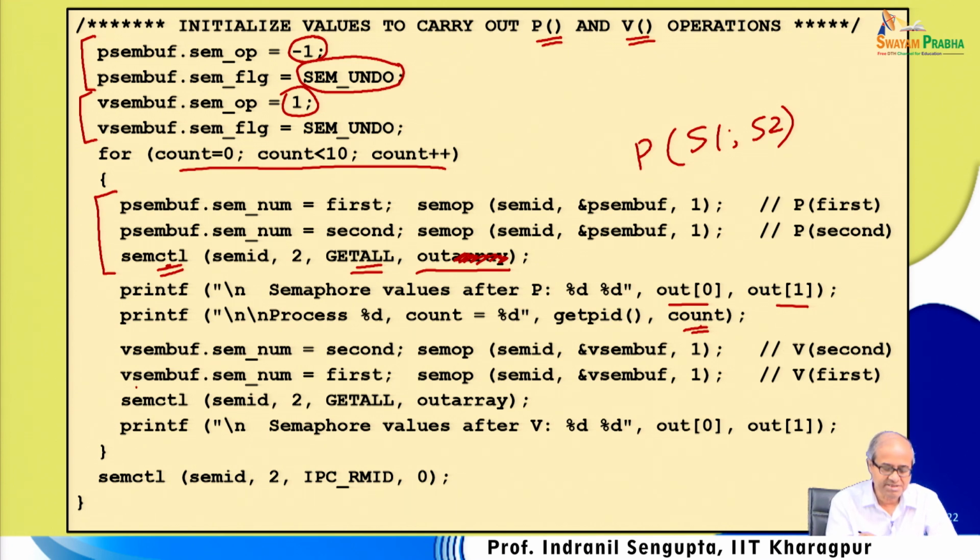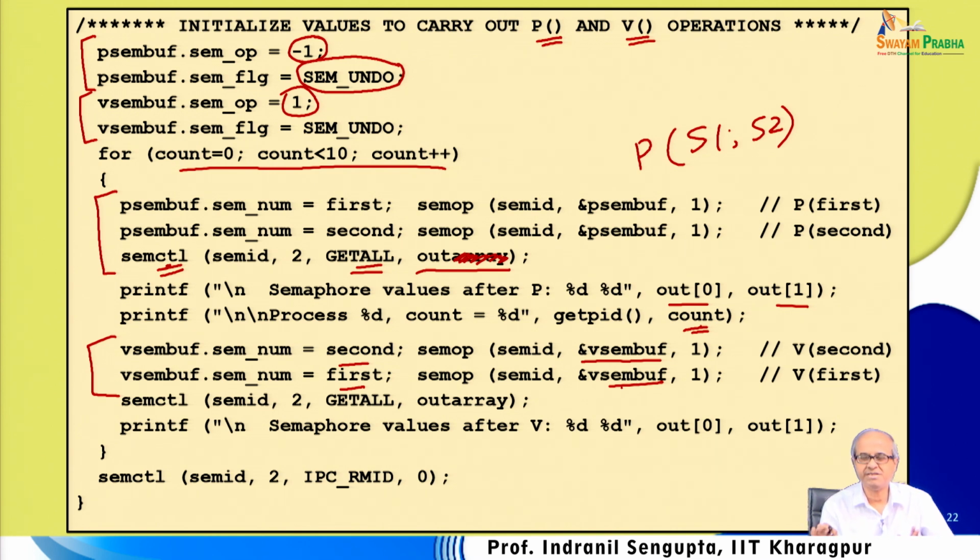Similarly, after you are finished, you will be carrying out VSEMBUF on the second and first semaphores, both. You will be doing SEMOP with this structure VSEMBUF, so +1 will be added.